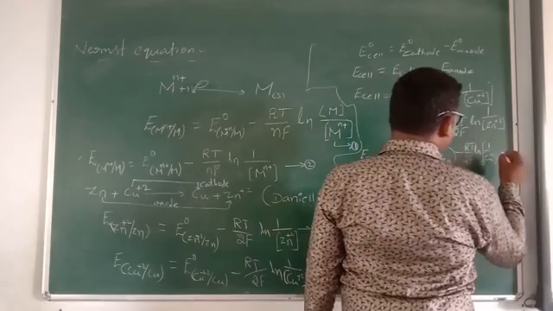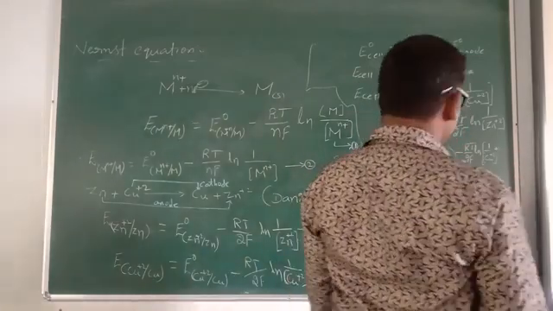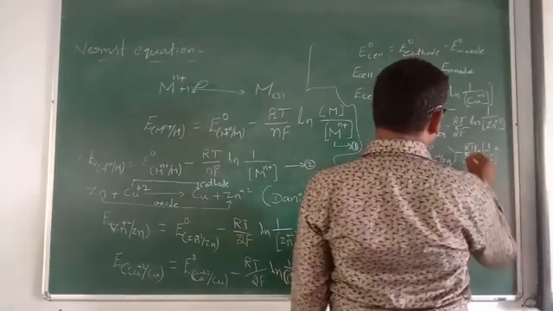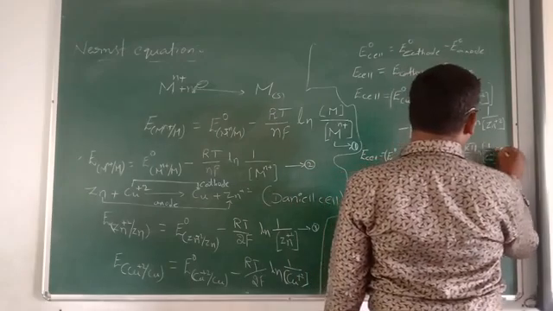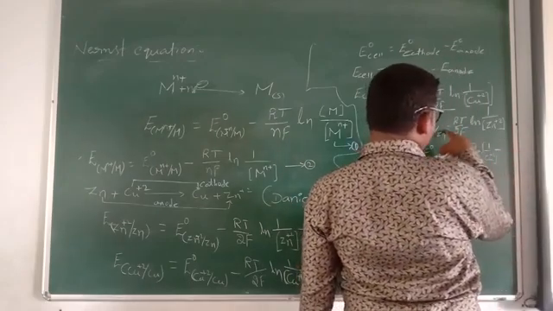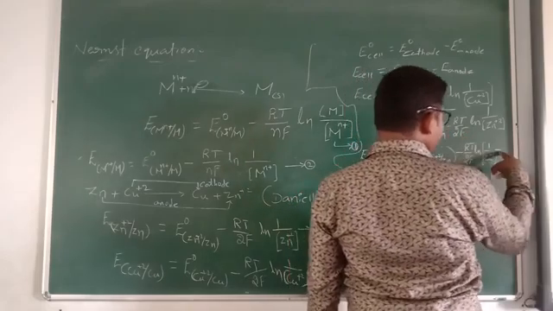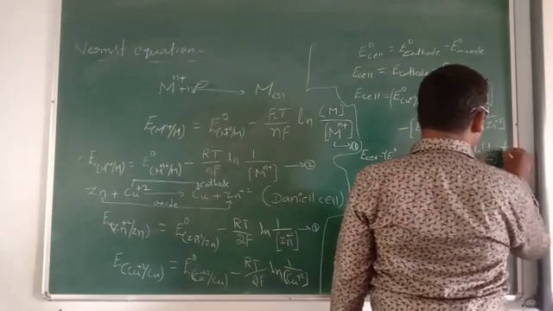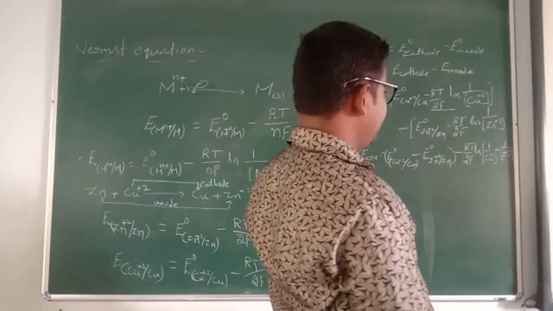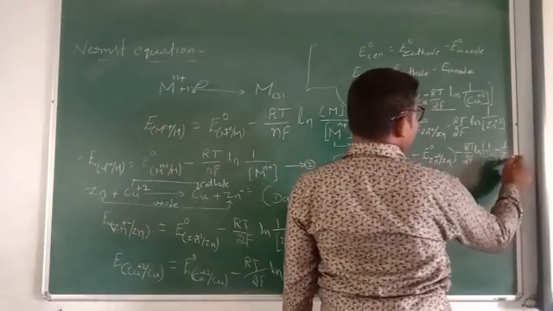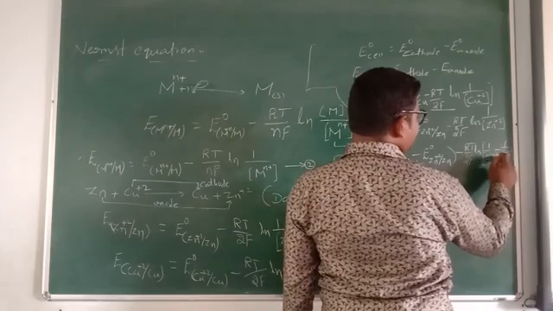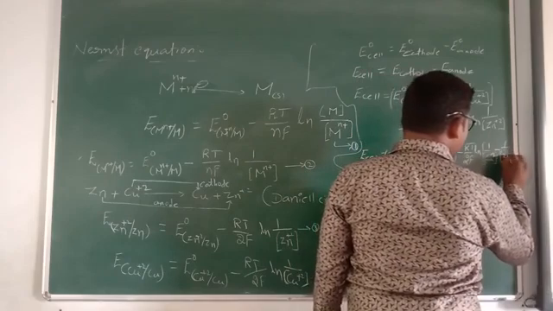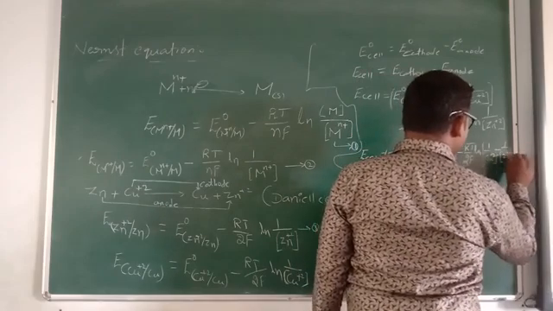Minus into minus becomes plus. Because the minus is there, if we multiply with minus, we get plus. So 1 by the Cu+2 ion concentration divided by 1 by the Zn+2 ion concentration.